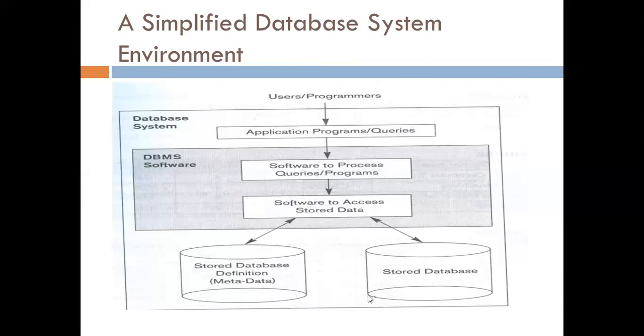Because if we have not collected the names of the students, then it is meaningless, or it is just another burden on the processing system to search in the hard disk or the secondary storages. So first it will check the metadata whether we have captured it or not. If it is captured, then only the hard disk is checked for that particular information.